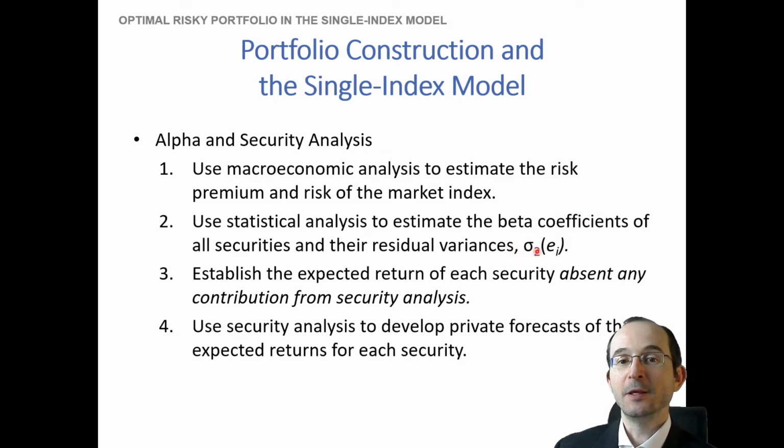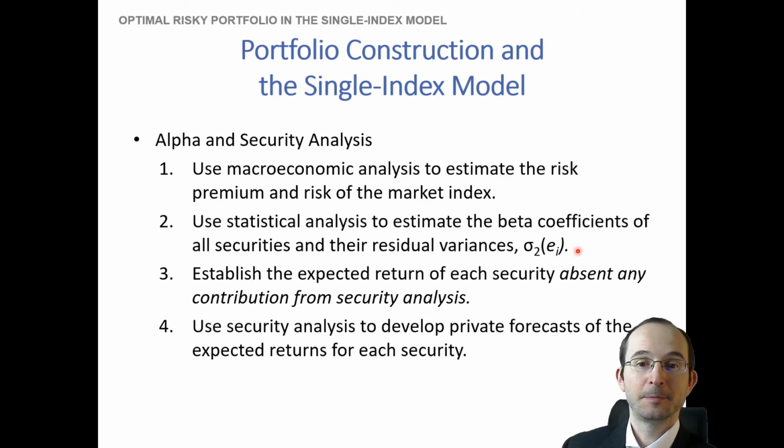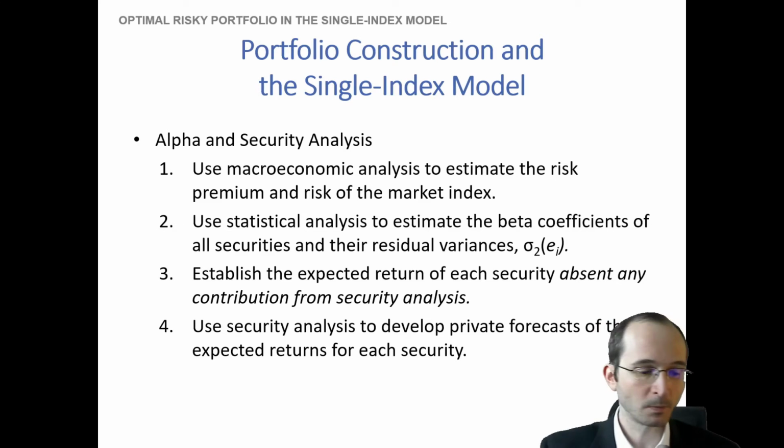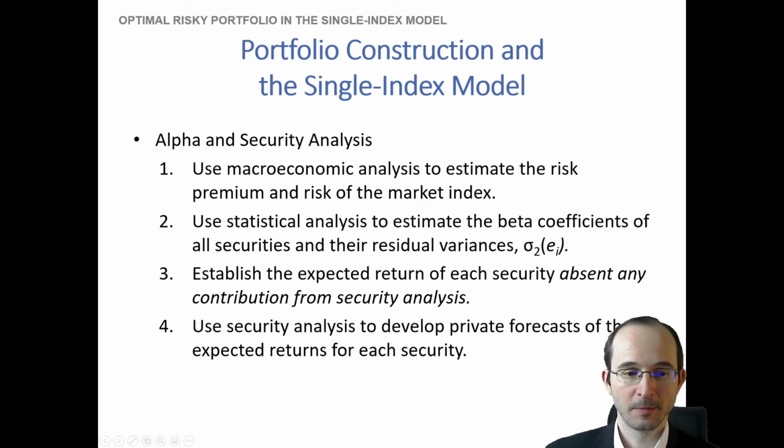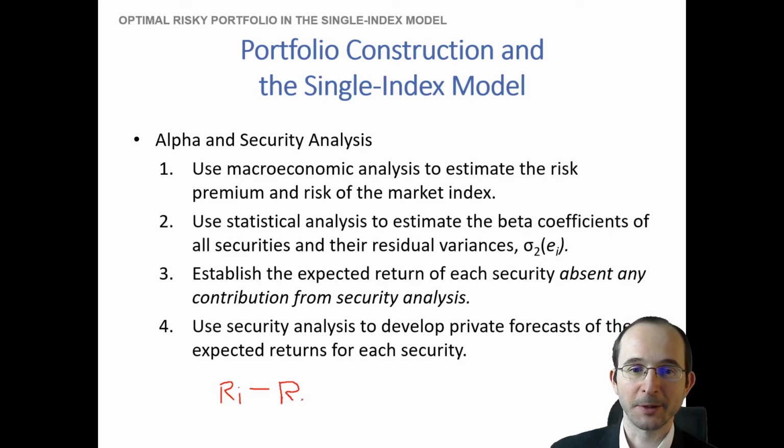And the residual variance we can actually compute by literally taking the errors in this regression model, the residuals, in other words, the differences between the return on each of the risk assets minus the predicted value of the returns of those risk assets from the model.